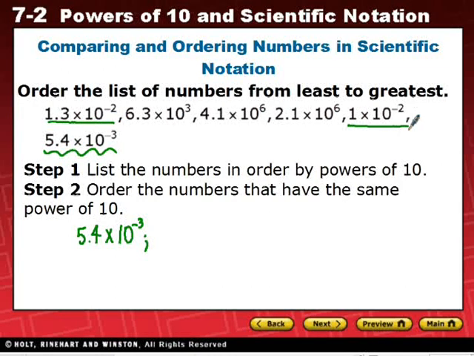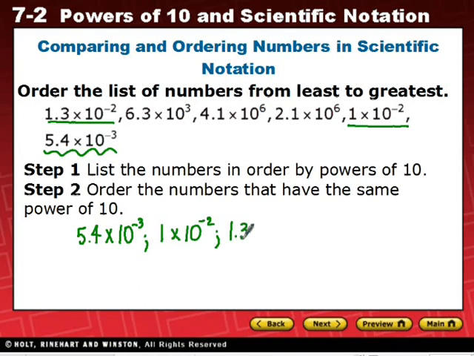Okay? So that's when we get to step 2. Then you just order them in the same way you would order any numbers based on the front part. So which is smaller, 1 or 1.3? 1. So that's going to be smaller even when it's written in standard form, right? Even in scientific notation.